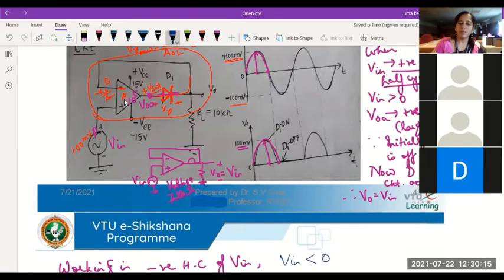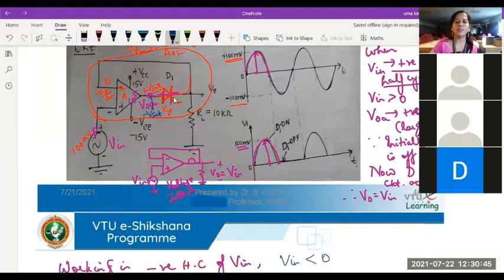What do you think will happen in this circuit? As soon as V in becomes less than 0, you have a negative voltage at the non-inverting terminal. Naturally, it gets amplified by the open loop gain of 10 power 5, and you will have something closer to minus VSAT here whenever this op-amp is in open loop mode.